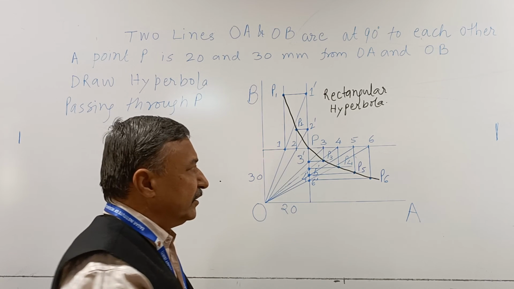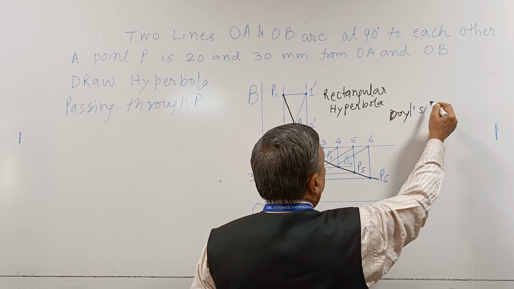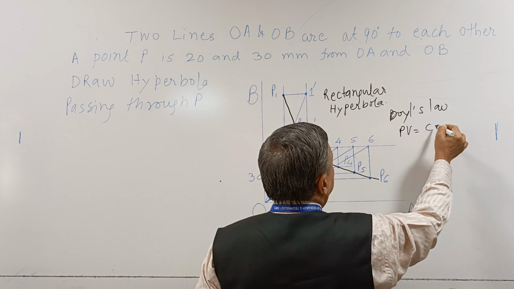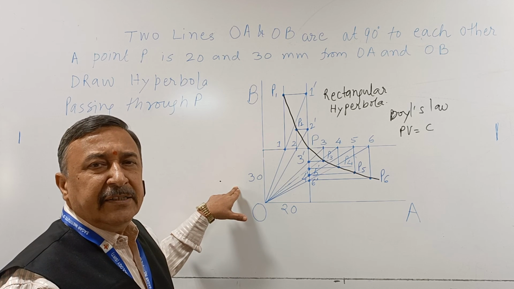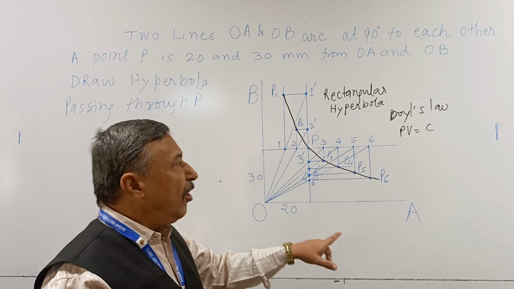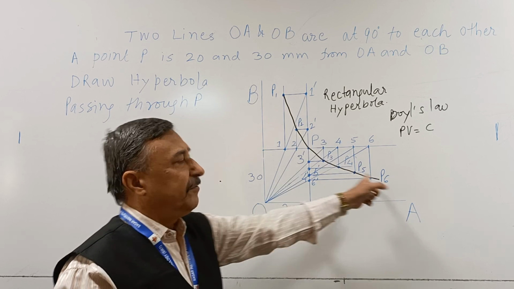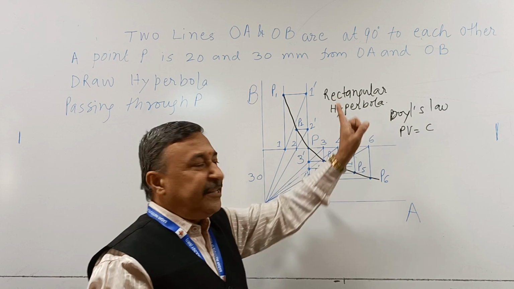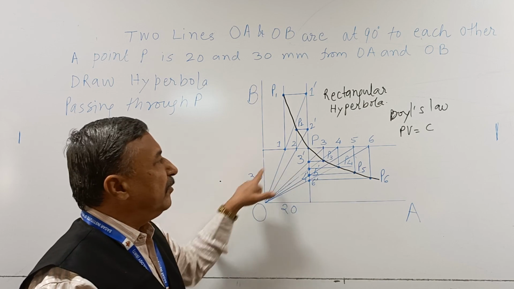Now what is its application? See here, if you know Boyle's law, that is PV is equal to constant, and we mark pressure on this axis and volume on this axis, and we know only one point, one pressure and one volume, then we can draw this curve, and this curve represents Boyle's law, PV equals constant.